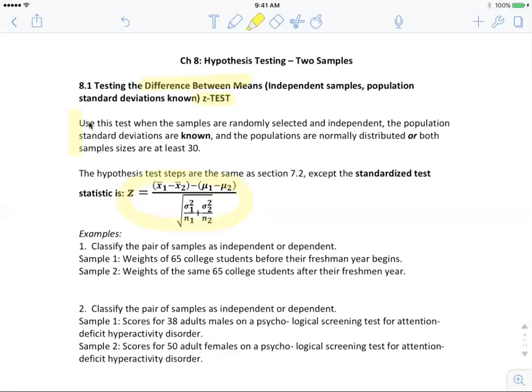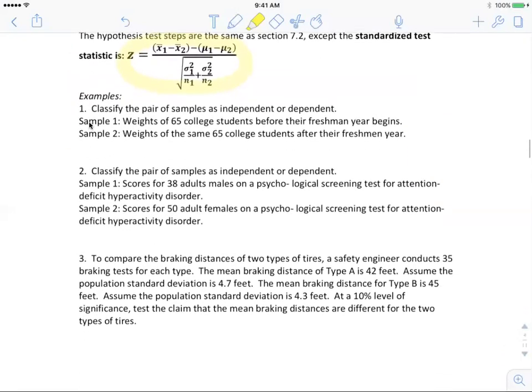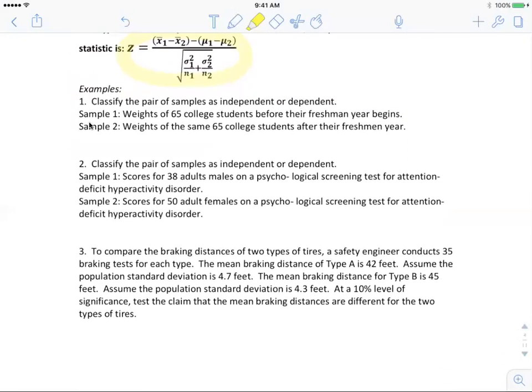Now, another element of this section is that we're doing independent samples. So you might have a few questions about what that means. What does it mean for samples to be independent? And so that's our first examples here. Number 1, classify the pair of samples as independent or dependent.